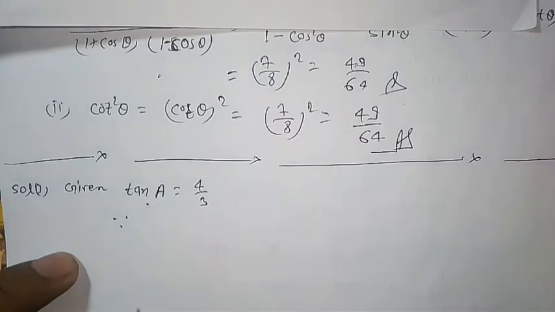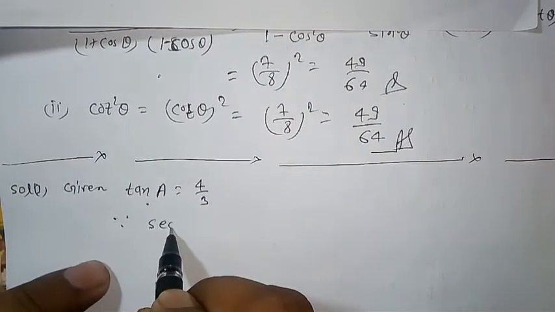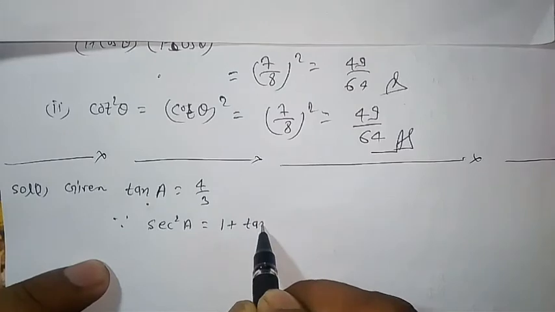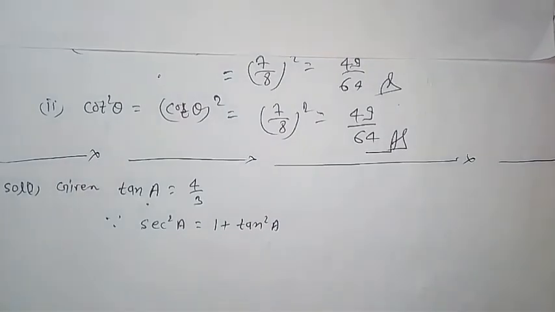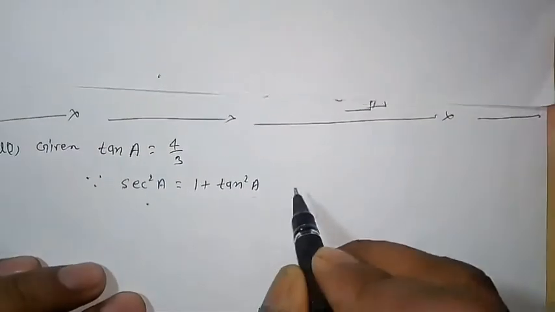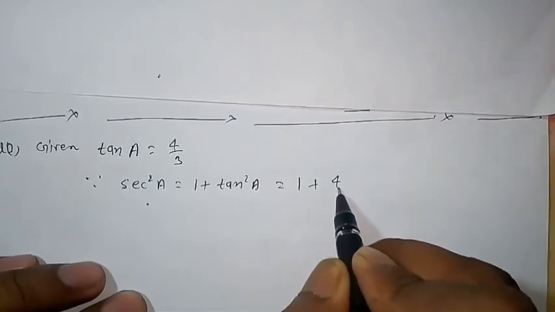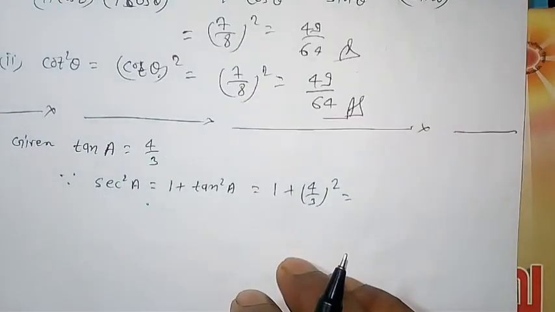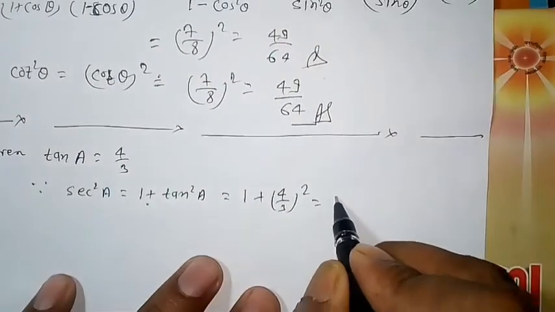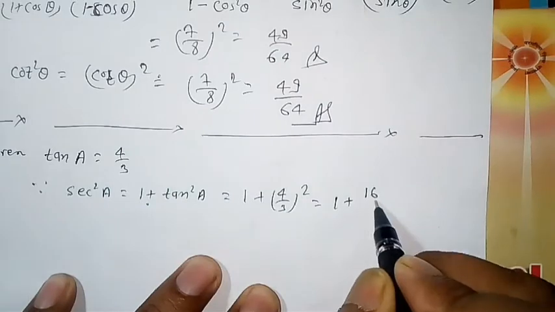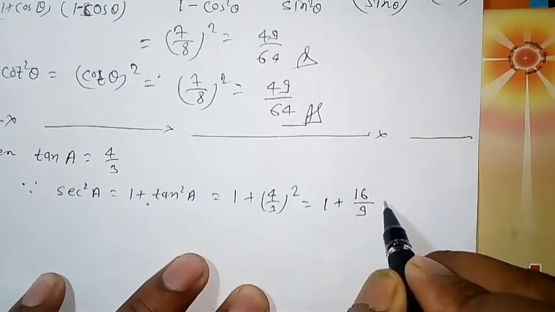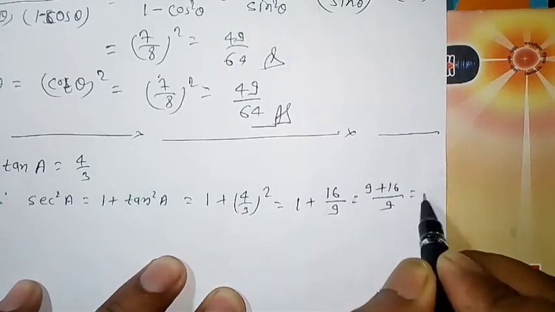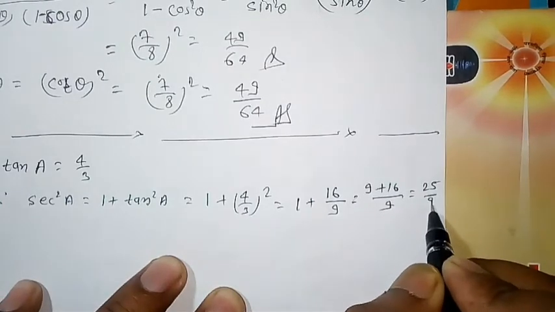Because sec square A is equal to 1 plus tan square A, is equal to 1 plus (4 by 3) whole square, is equal to 1 plus 16 by 9, is equal to, LCM 9, 9 plus 16, is equal to 25 by 9.